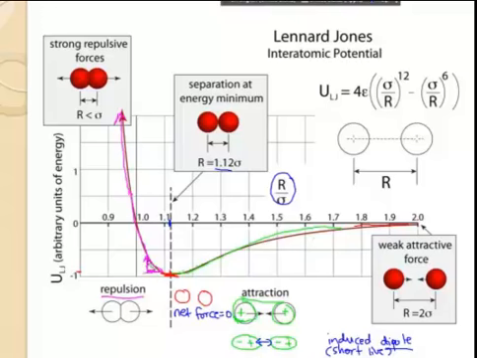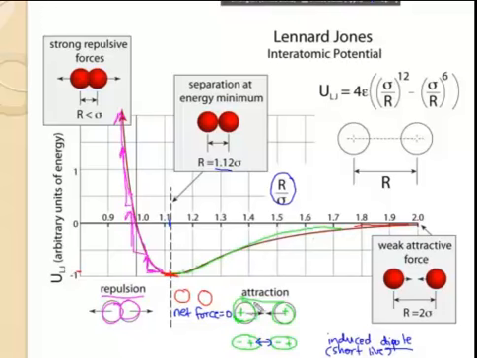This almost vertical curve represents that you cannot make them come any closer, because they're surrounded by their electron cloud. They tend to repel one another, as described by this huge increase in potential energy that is going on here.